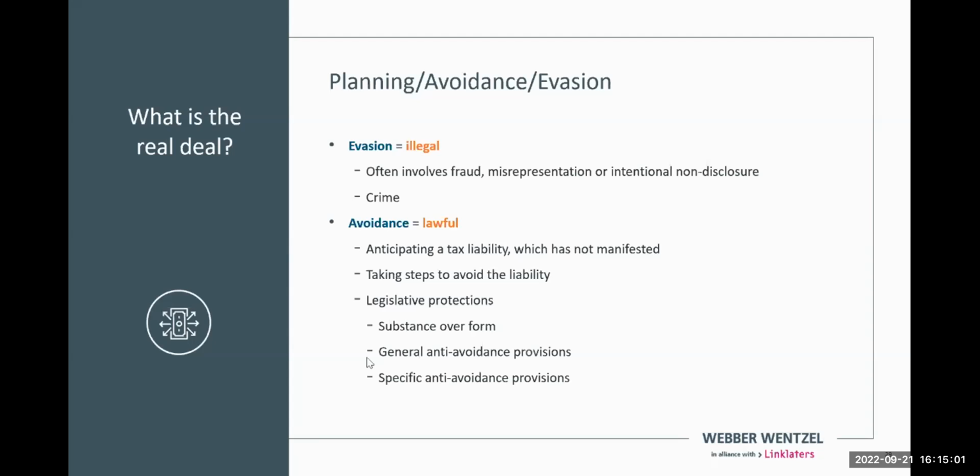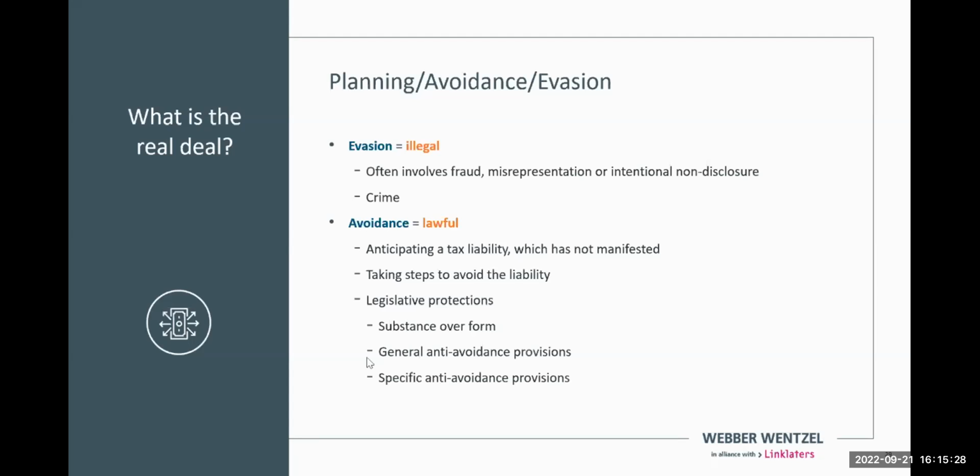In most jurisdictions tax evasion is a crime, and one can understand that from a revenue administration cost perspective: these fraudulent activities create a whole lot of work for really little gain. Avoidance is anticipating a tax liability which has not necessarily manifested and taking active steps to avoid that liability.